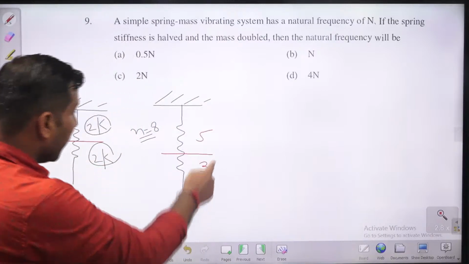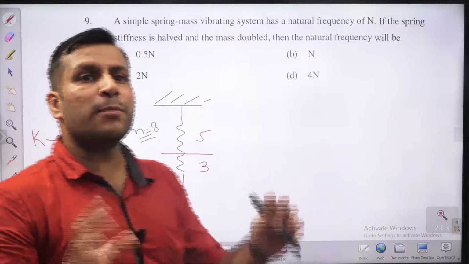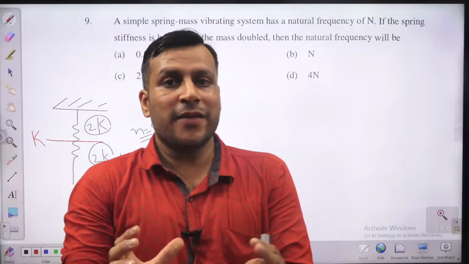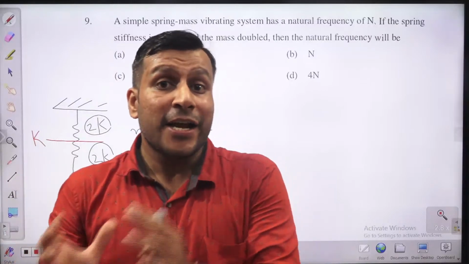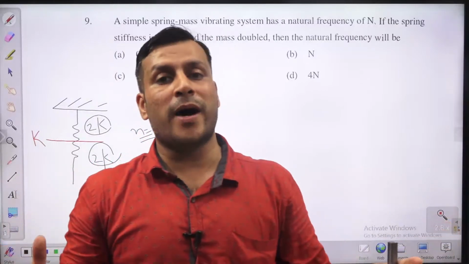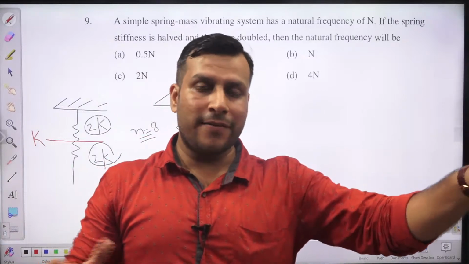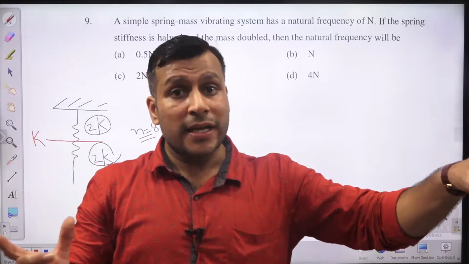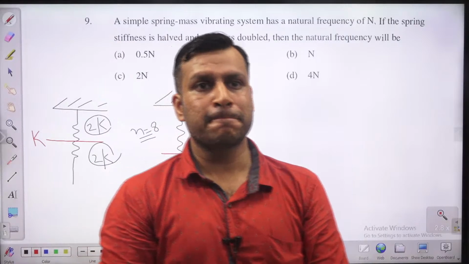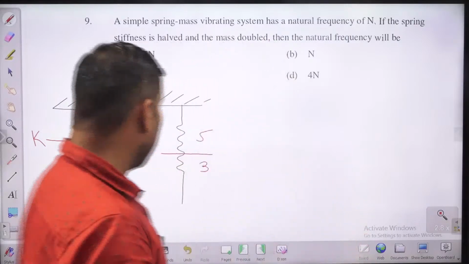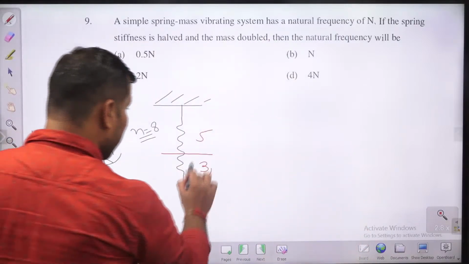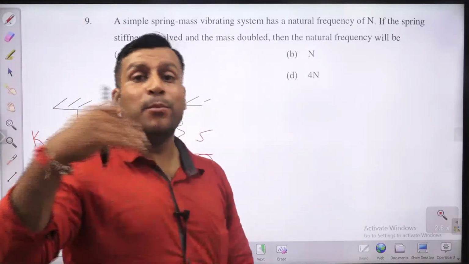There is a spring with a total of 8 turns. Now you divided that spring into two parts, one containing 5 turns, the second containing 3 turns. Which one will have more stiffness? The lower one. Very good, guys. This lower one will have more stiffness. The lesser the number of turns, the more the stiffness.